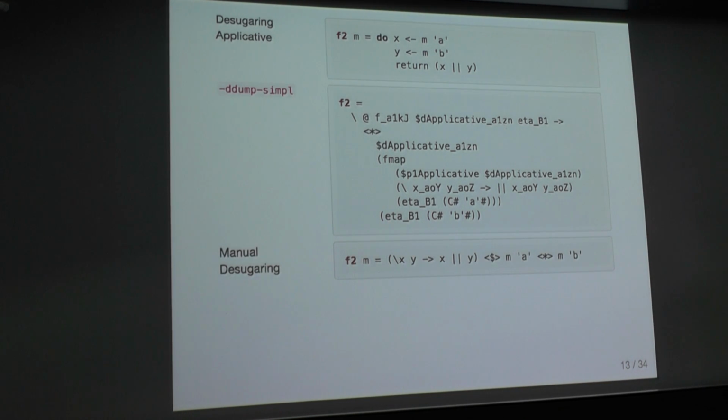So what do we do here? The dollar in angle brackets is the fmap, and the other one is the applicative. On the left is a pure function. With fmap we lift it into the applicative, and we say, okay, give me the x, give me the y, I'll do x or y for you.